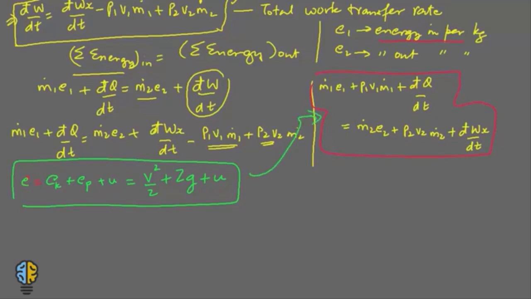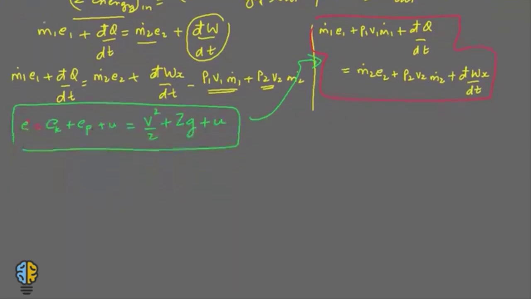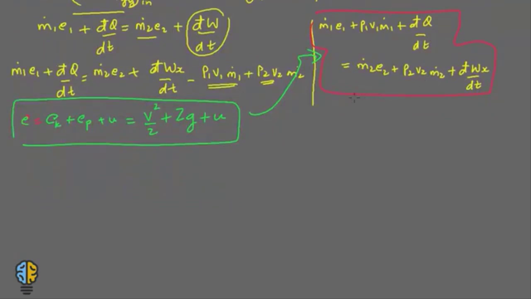And then you can put the suffixes 1 and 2, and if you put these values in this equation, the equation now would become, you can take m1 dot common, and we would have v1 square by 2 plus Z1G plus U1 plus P1V1, alright, plus dQ by dt.